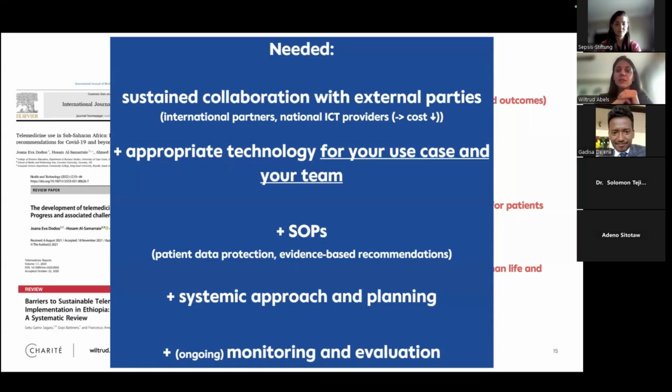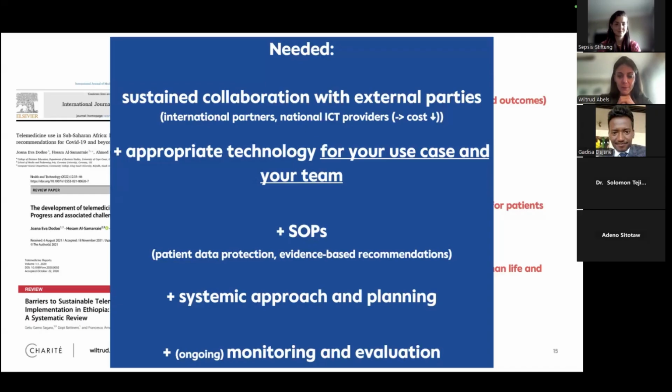You do need buy-in from stakeholders. This is also external parties. You definitely need a good, appropriate technology for the use case that you're defining, for the team that you're working with. Again, to stress this point, it's not about the technology, it's about the use case and the team that's going to use it. You need standard operating procedures.